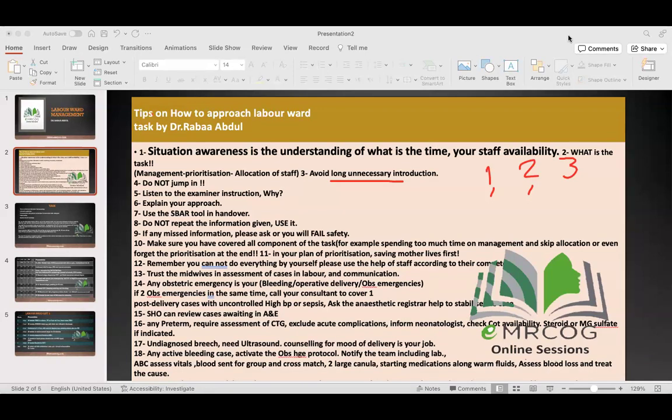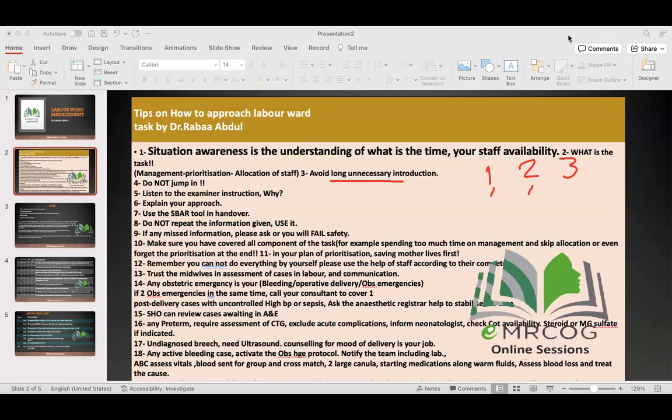For example, some examiners will tell you that you have the board, go through the cases, manage the rooms, tell me which one is urgent, which one is non-urgent, and at the end prioritize the cases for me. One examiner will tell you, look, I want to explain what we are going to do today.